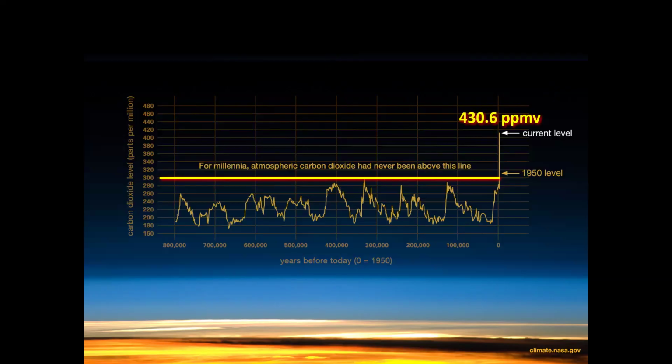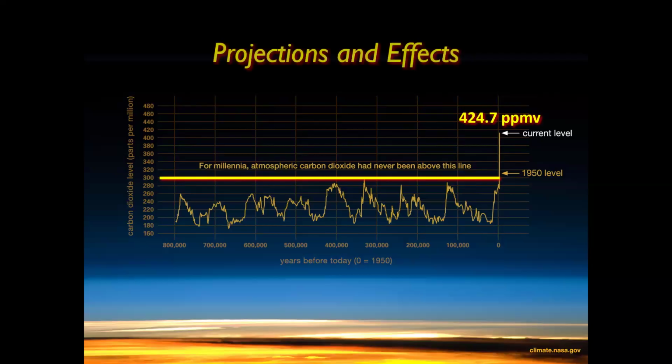If you go back to March of this year, we were at 430.6 parts per million by volume, because the amount of carbon dioxide in the atmosphere and how it's being measured can fluctuate. It does fluctuate, but not as dramatically to suddenly drop back below 300. We are consistently showing higher concentrations of carbon dioxide in our atmosphere. And so this is the greenhouse gas that, at least to start, we're going to be looking at.